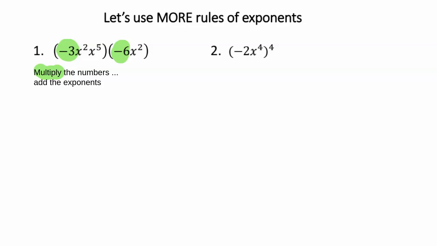This will give me a +18. Now, add the exponents. Well, notice they're all x's. I have a 2, I have a 5, I have a 2. This will give me x to the 9th power. And that's a 9. Okay? That's my answer.